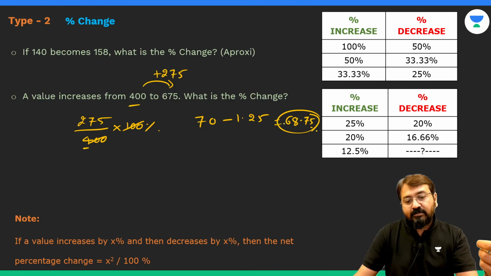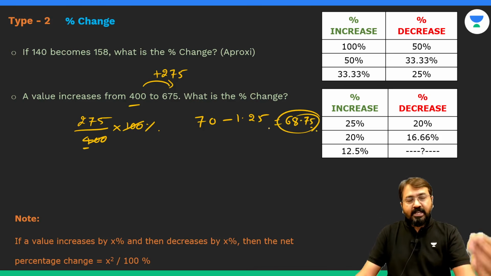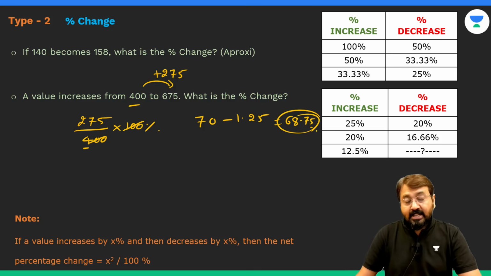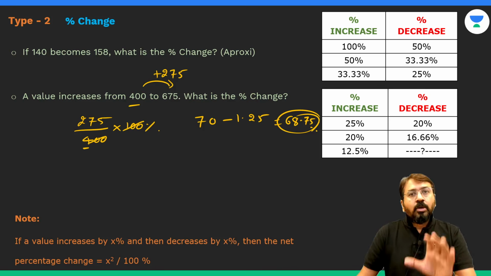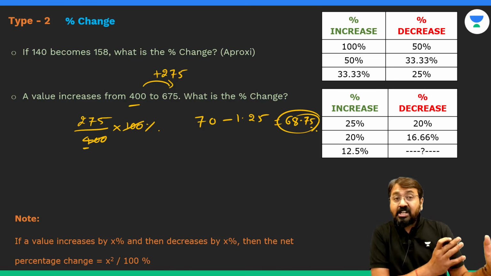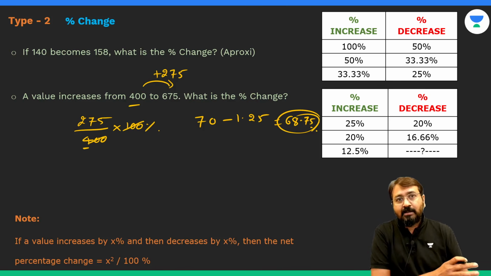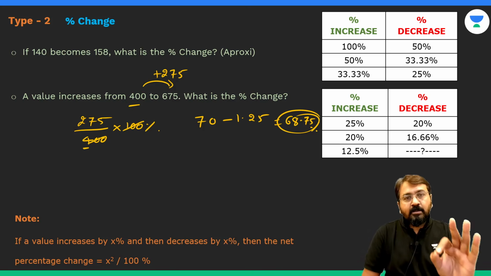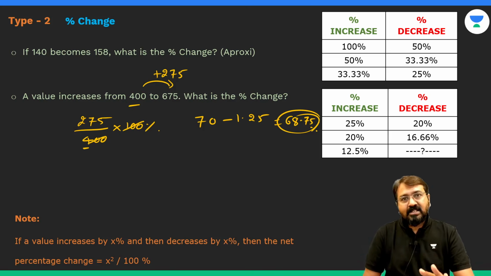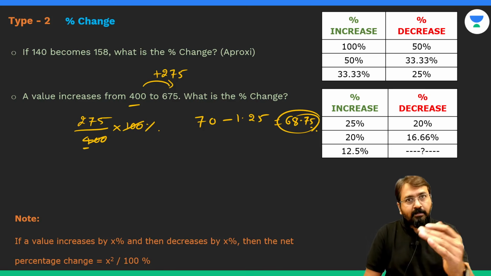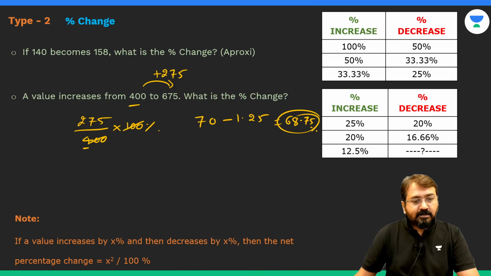Just give a thought once again to why I have done it this way. Try to do it in your mind, and that will help you increase your speed also. Most of the percentage questions, those 75% that I'm talking about, can be solved in about 80 to 90 seconds, if not 40 to 50 seconds. You can surely solve them in less than 90 seconds.